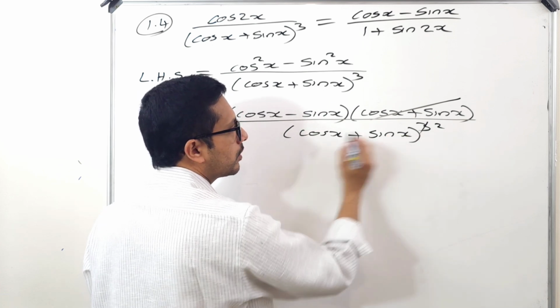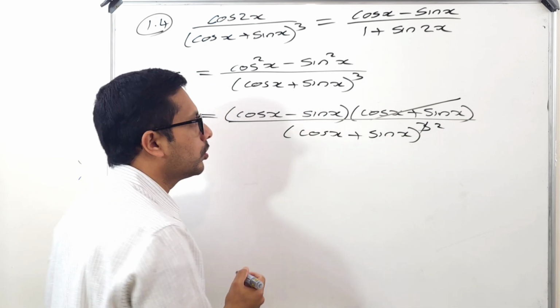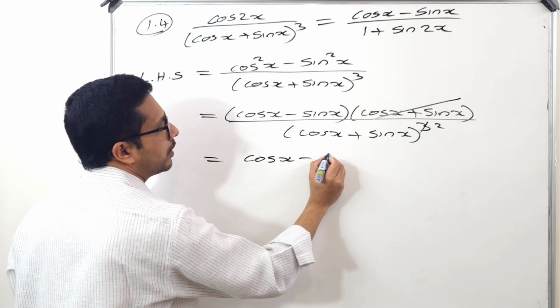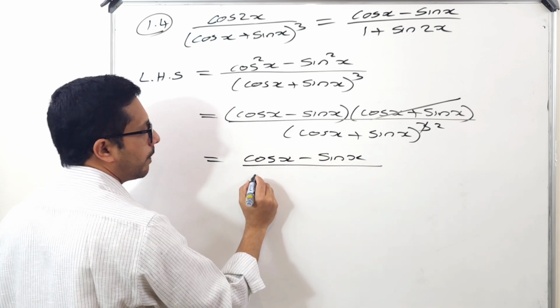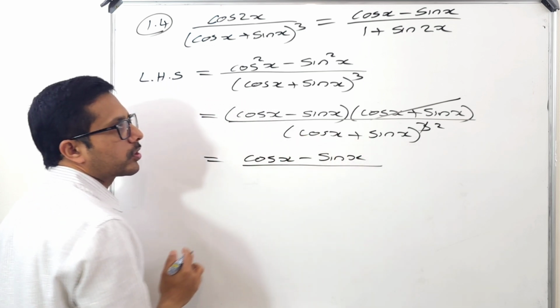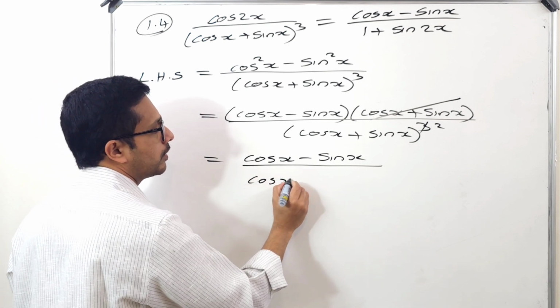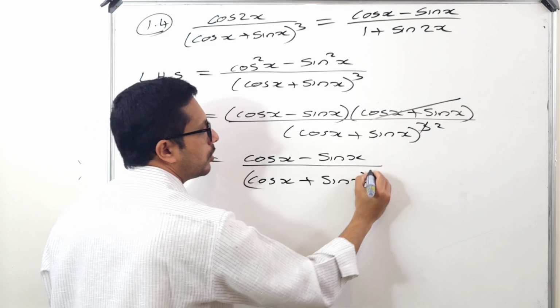From these 3 cos x plus sin x, I cancel 1, so what is remaining? It is 2. So what is the remaining thing? Cos x minus sin x the whole divided by cos x plus sin x the whole square.